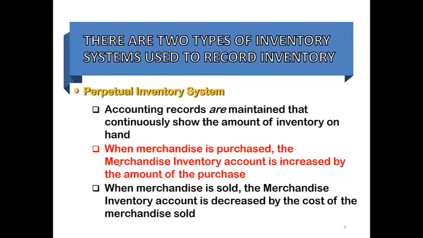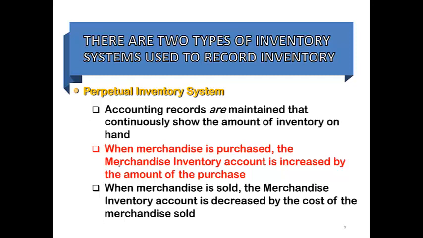So for example, when Target gets a truckload of merchandise, it is scanned in and the merchandise inventory account is immediately updated. Then when the merchandise is sold, once it is scanned out, the merchandise inventory account is again updated for the sale. So we know exactly how much merchandise inventory we have at any point in time.